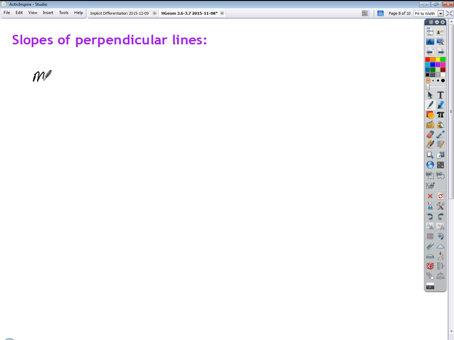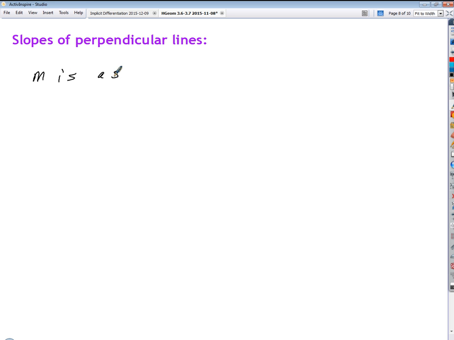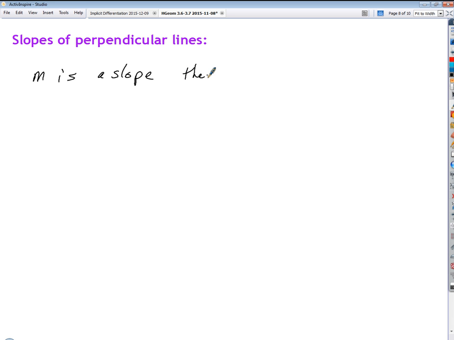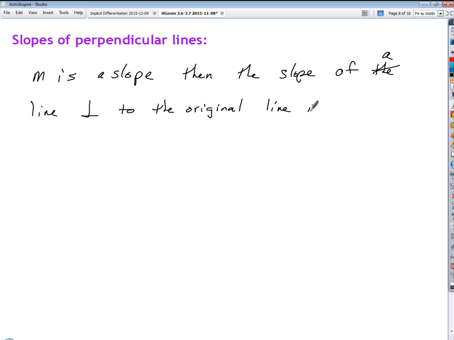So if m is a slope, then the slope of any line perpendicular to the original line is, that's the notation I like to use, m sub perpendicular.